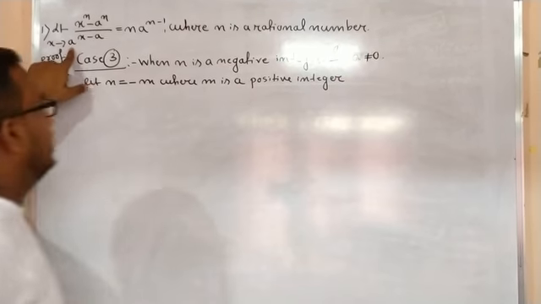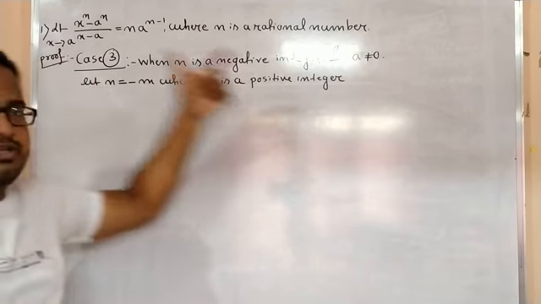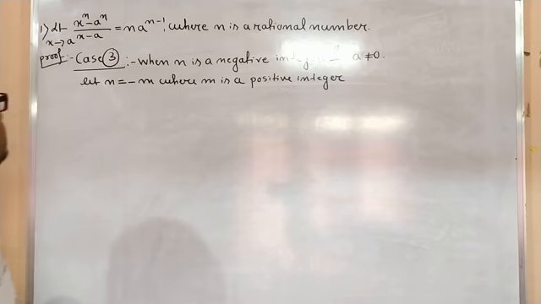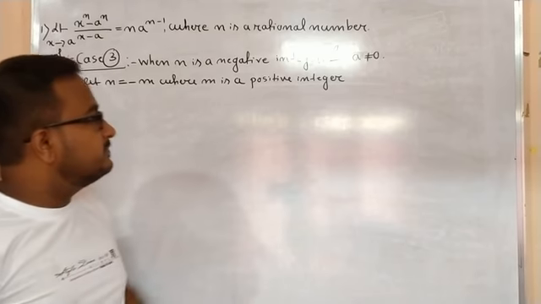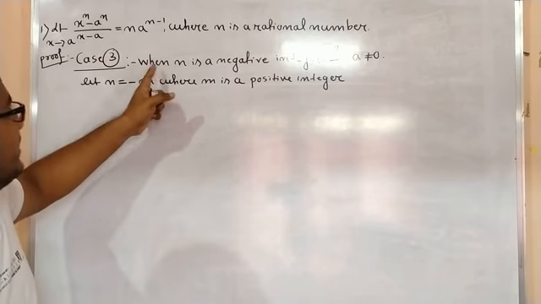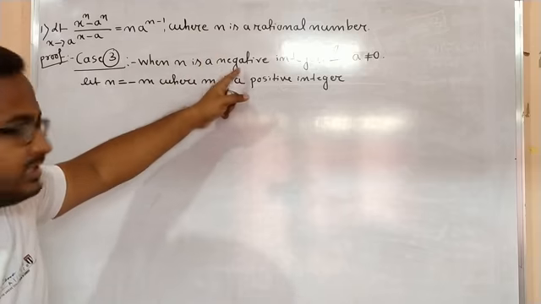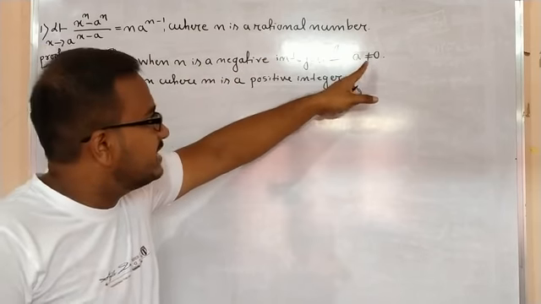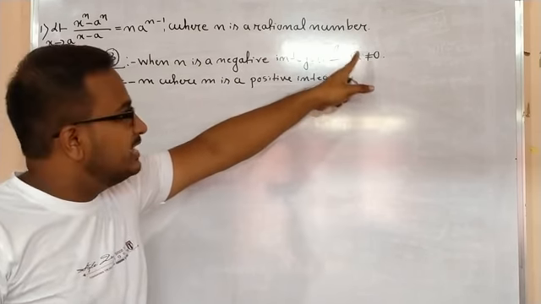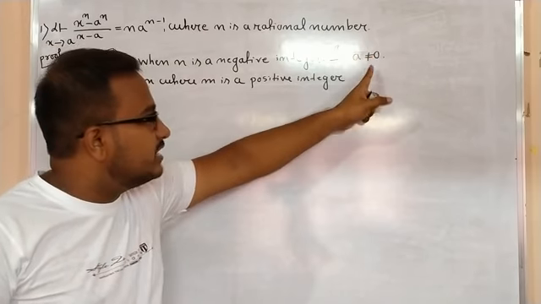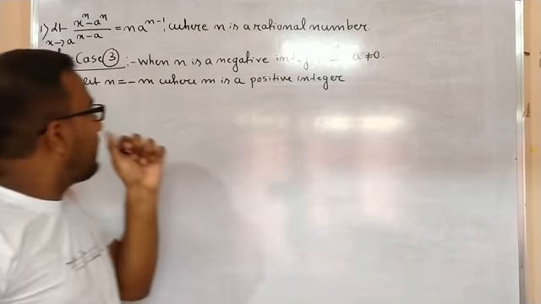This also you have to assume here, because in this case this a cannot be equals to 0, okay? If n is non-zero, that means negative integer, then you have to also assume this a cannot be equals to 0, okay? If you do not assume this, then you will not be able to prove it, okay?